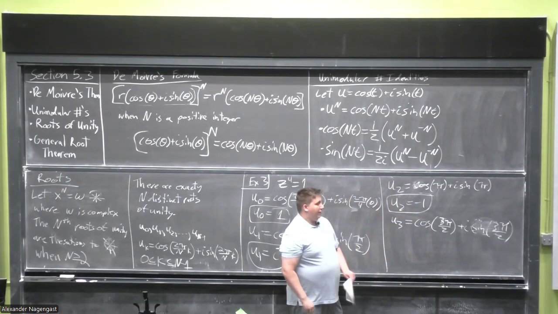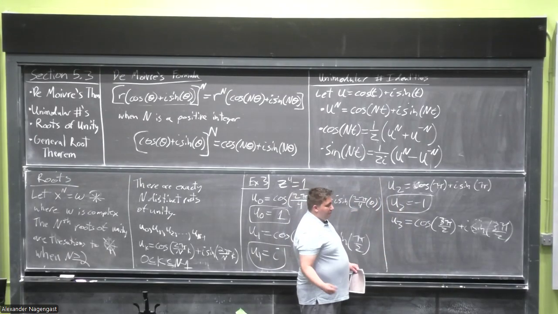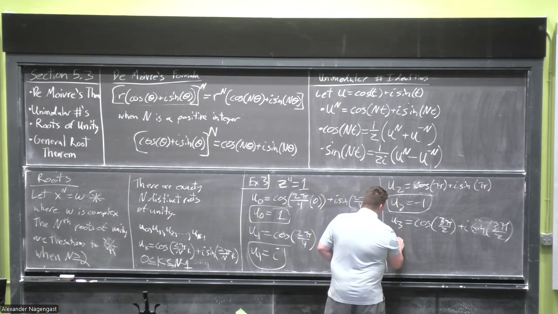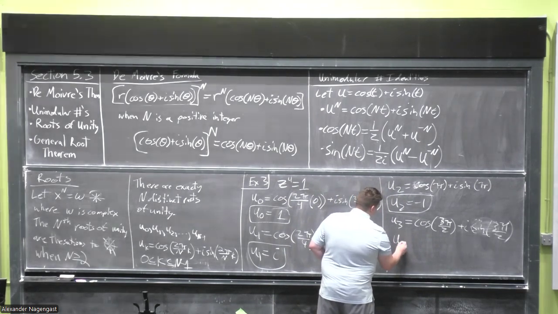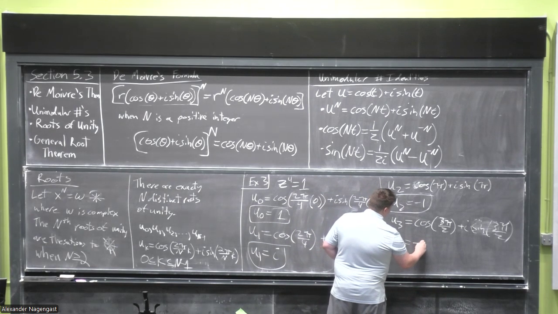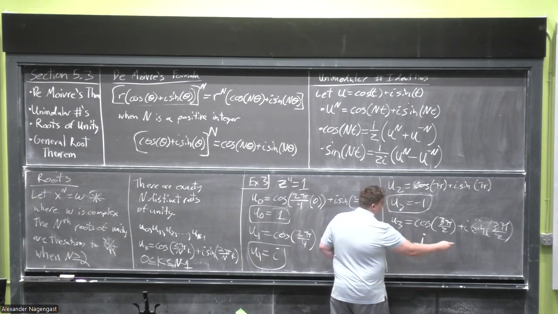And now cosine of 3 pi over 2 is 0, sine of 3 pi over 2 is -1, so that leaves u3 equal to I, because we're going to have -1 times I.